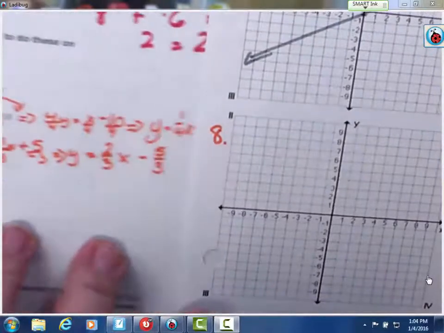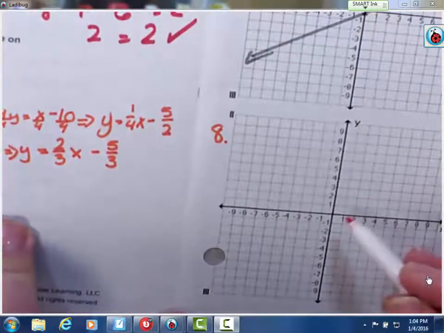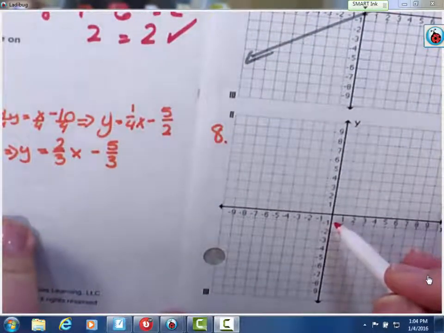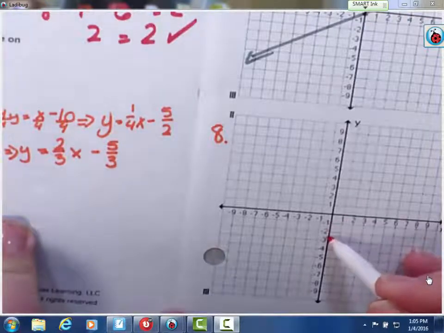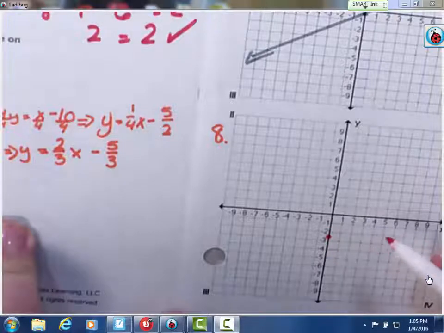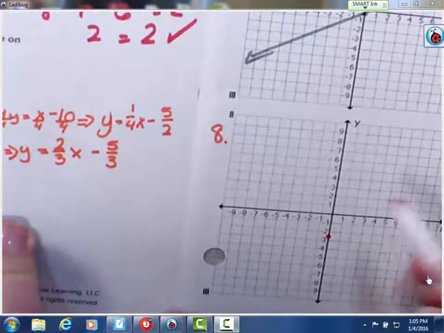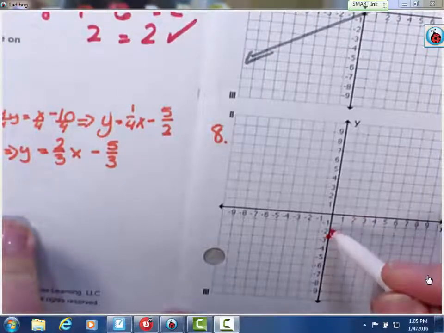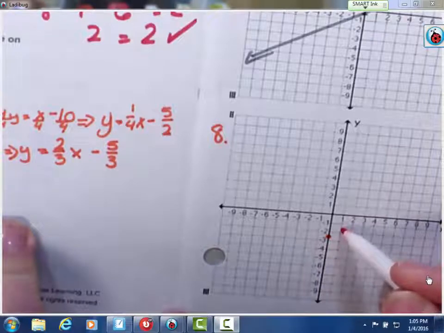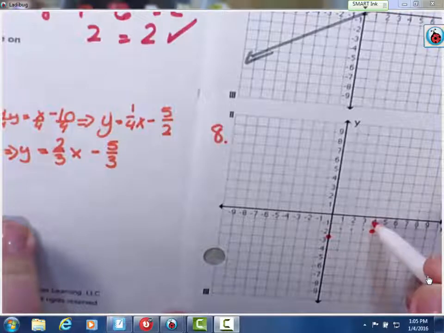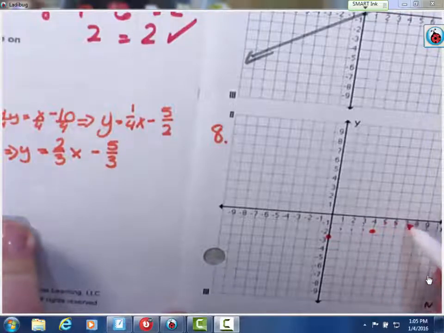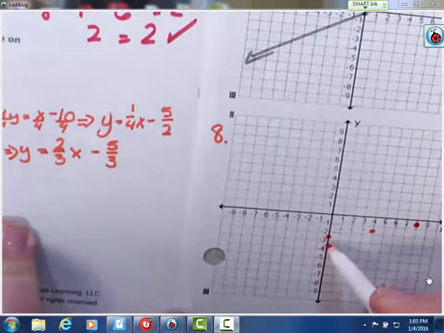And we're going to start at -5 halves, so that's like 2 1/2. Right? So 1, 2 1/2. We're going to start there, and then up 1 over 4. Or we could go down 1 and to the left 4.